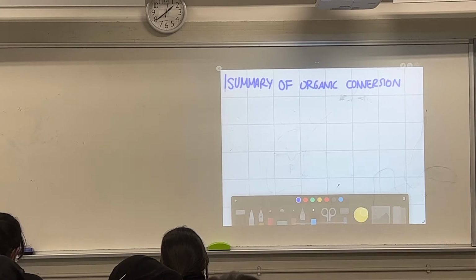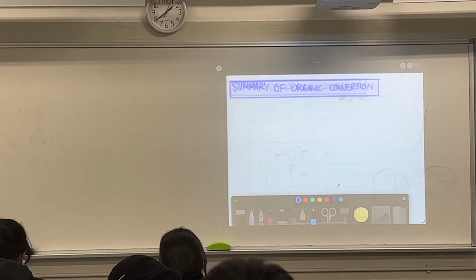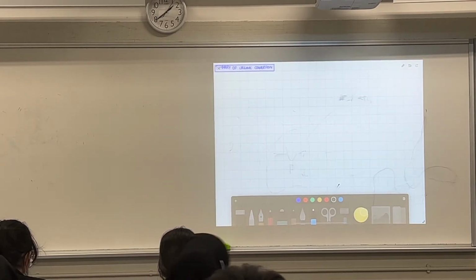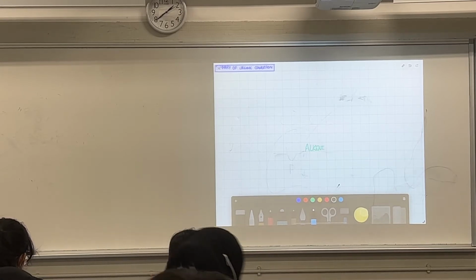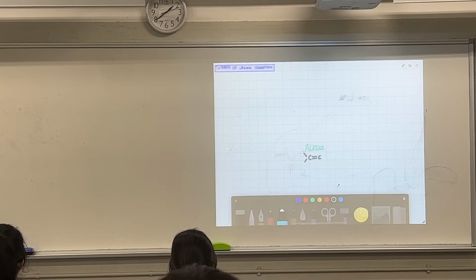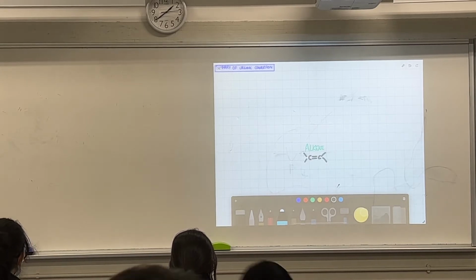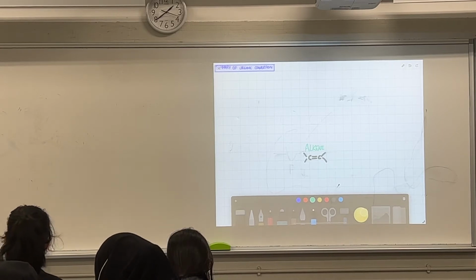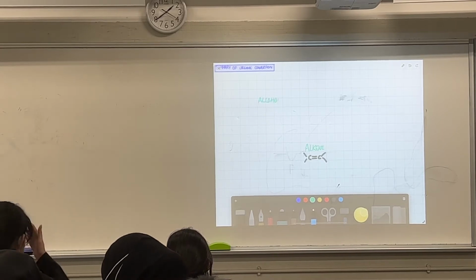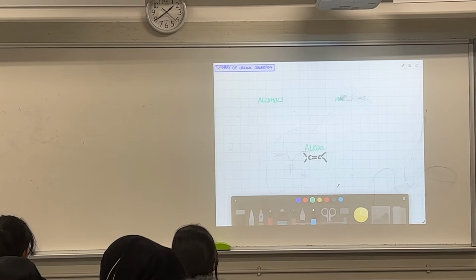At the center of the stage, we have alkene. Alkenes are very important. They have C=C double bonds. So alkenes can be converted into a number of other organic compounds, such as alcohols or haloalkanes.